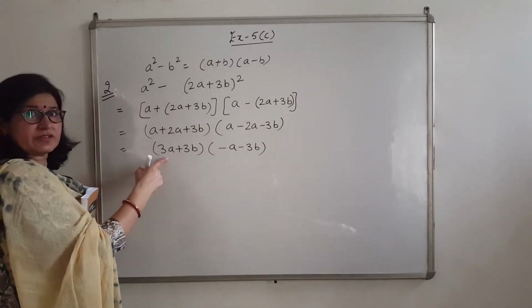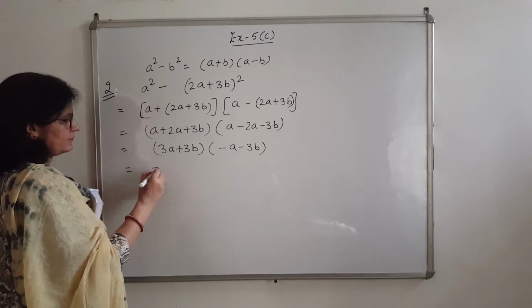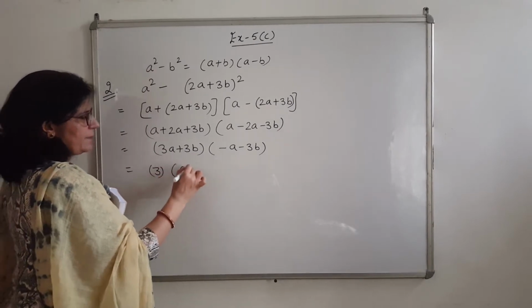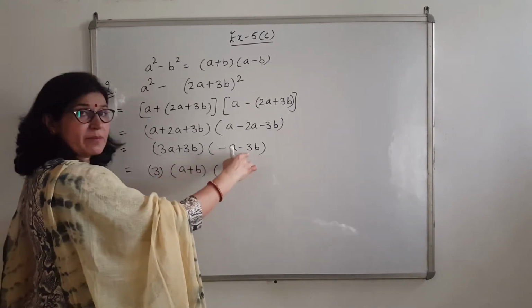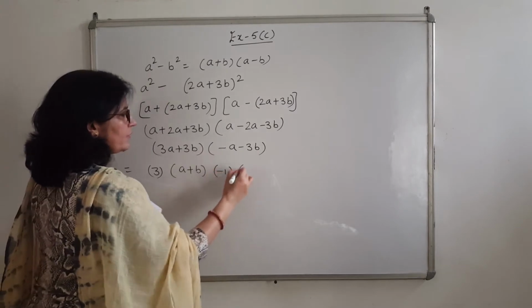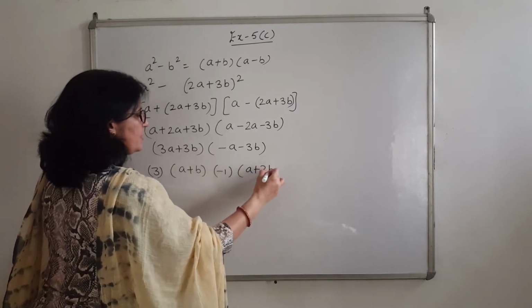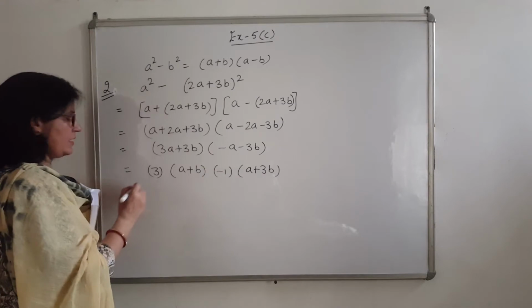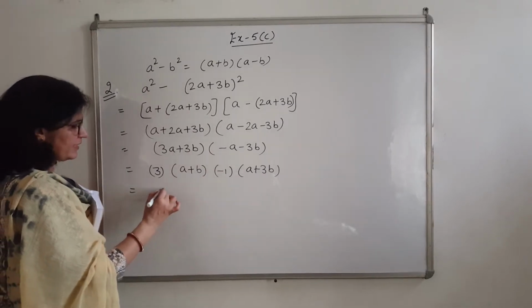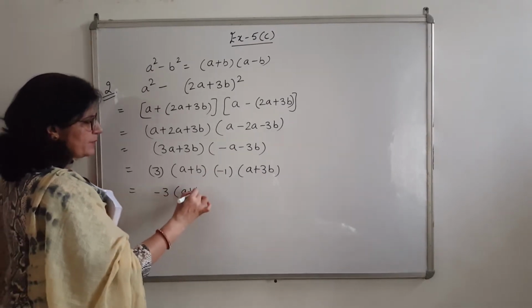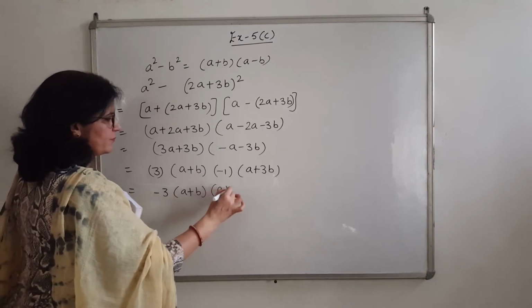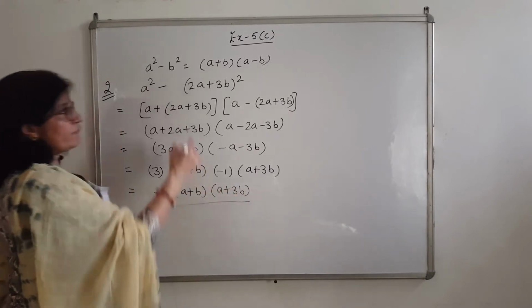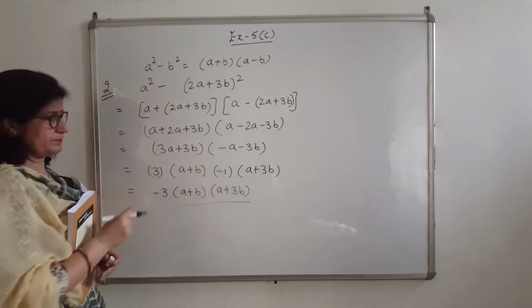Here we can take further common. 3 is common: 3(a plus b). Here we can take minus 1 common: minus 1(a plus 3b). This minus 1 and 3 will be multiplied. So our factors are minus 3, (a plus b), (a plus 3b). These are the factors of the given term.